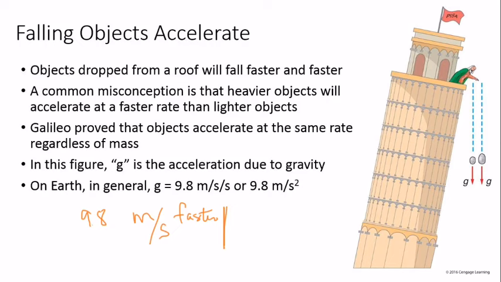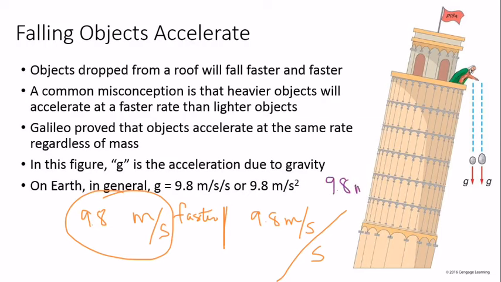Oh, I said for each meter it falls. I'm sorry. For each second it falls. For each second it falls, it's going to pick up 9.8 meters per second. So that's why we call it 9.8 meters per second for each second it falls, otherwise known as 9.8 meters per second squared. That's the acceleration due to gravity, and we use the lowercase g for that.